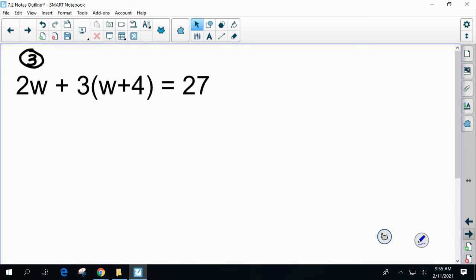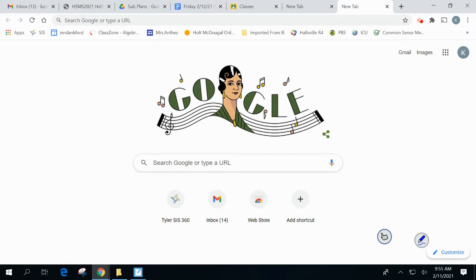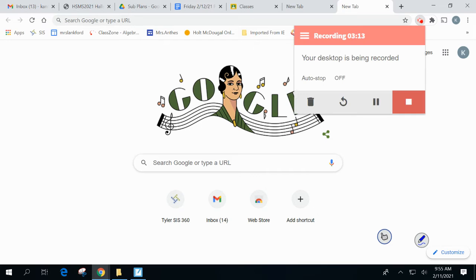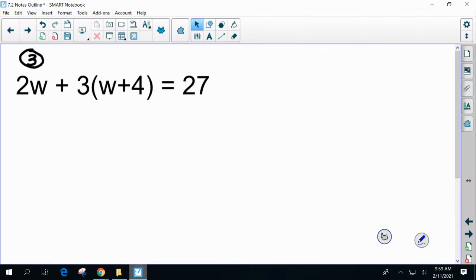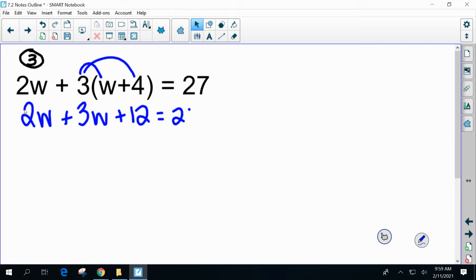Okay, I want you guys to pause your video and try number 3. Okay, so for number 3, I would distribute the 3. So I'm going to carry down the 2w and distribute the 3. So I'm going to have plus 3w plus 12 equals 27. So then I need to combine like terms.